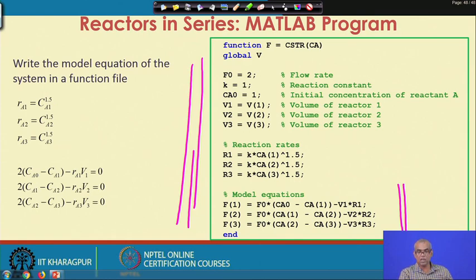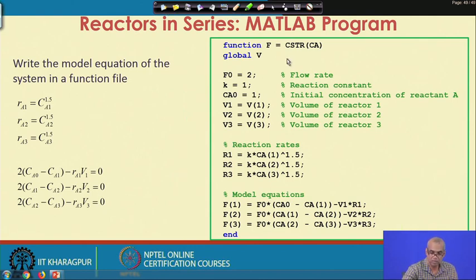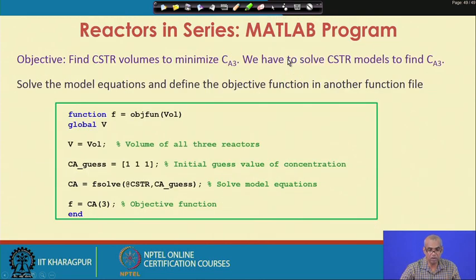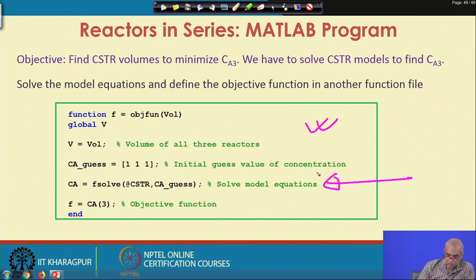A system of nonlinear equations can be solved by fsolve. So, that is what I do in this function file where I am going to determine the objective function value. I am calling fsolve with an argument for that function to solve for CA1, CA2 and CA3, and I am getting CA3 as the objective function value.